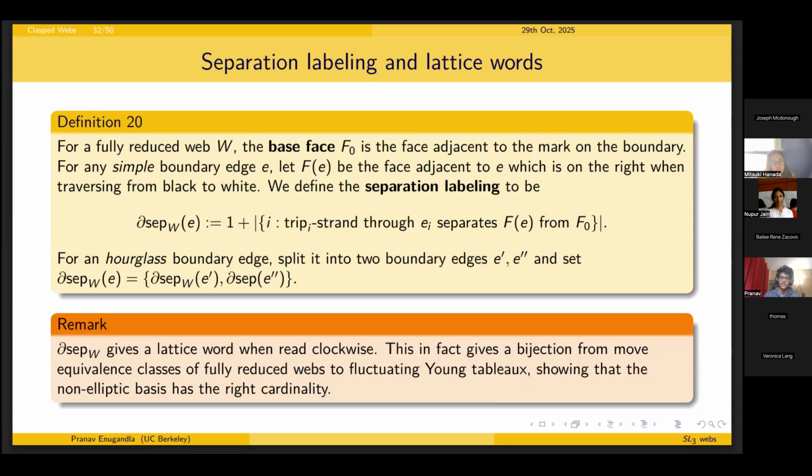It is also known, by multiplying Schur polynomials, that you can use the cardinality of a set of Young tableaux to find the dimension of the invariant space. So they construct this bijection between webs and these lattice words, and these lattice words are in bijection with Young tableaux, and these Young tableaux are in bijection with the basis for the invariant space. So basically they've shown that these contracted fully reduced graphs span everything, by some analog of the first fundamental theorem of invariant theory. And once you have a spanning set, you just check that you have the correct number of things in the spanning set, so it has to be a basis.